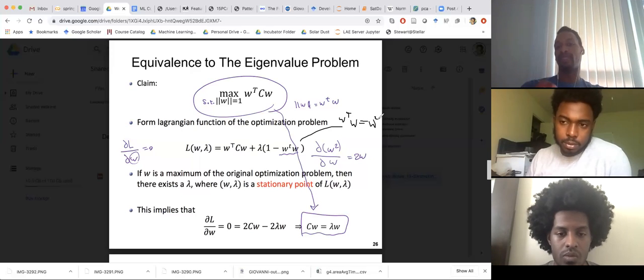I don't really know what stationary point per se means, but I think it just means that there's some lambda such that this function is maximized.